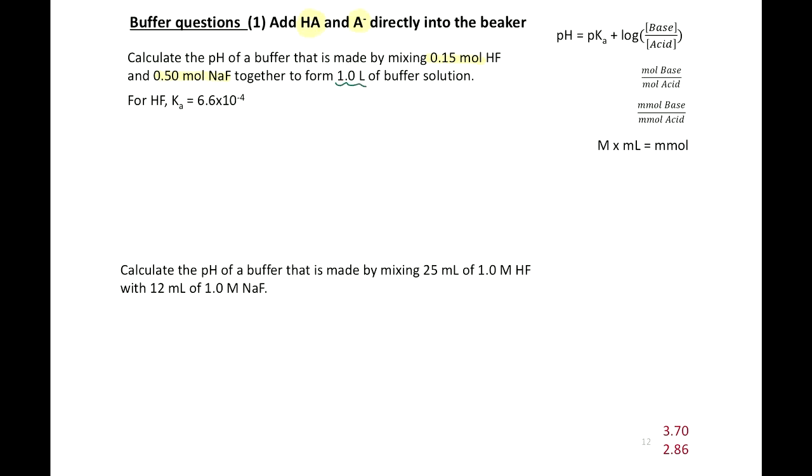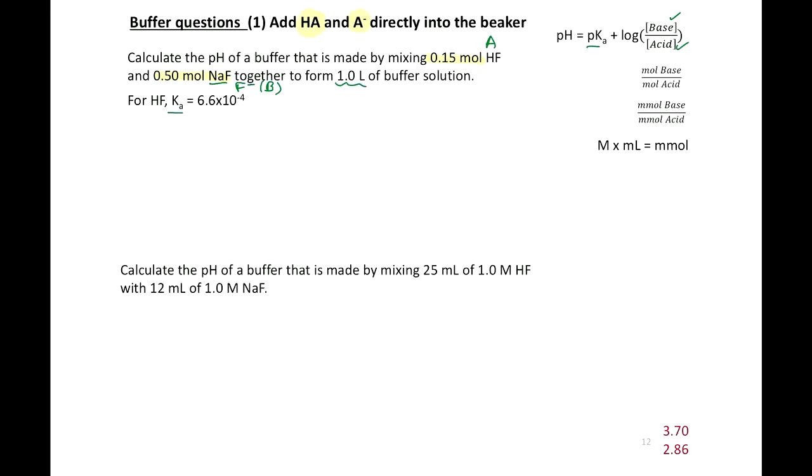So we see, yes, this is in fact a buffer. We have HF, that is our acid, and there is NaF, F minus, that's its conjugate base, so that is the base. So we have base and acid for our Henderson-Hasselbalch equation. The piece of information we're missing is pKa, though I give you Ka.